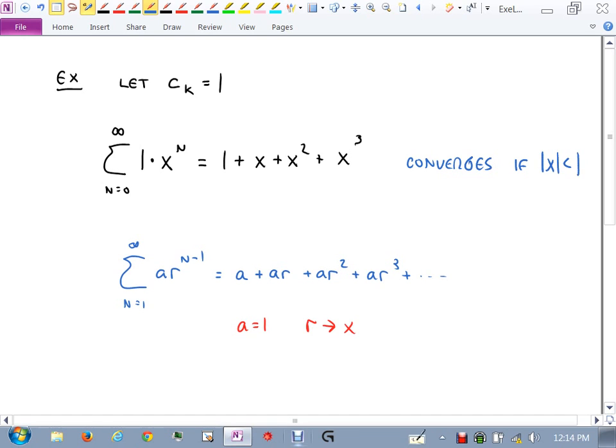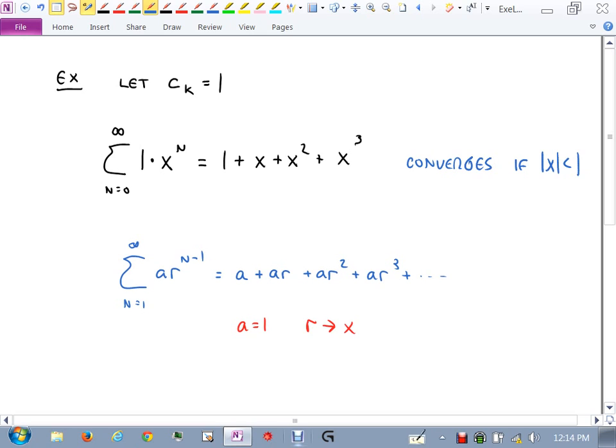All I'm doing with this example is showing you how a specific power series could be looked at as a geometric series. But this is just one tiny example. Not every power series is going to turn into a geometric series. Just that particular one does.